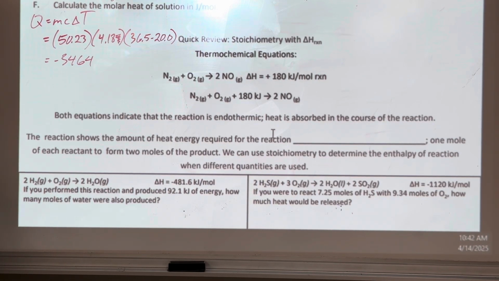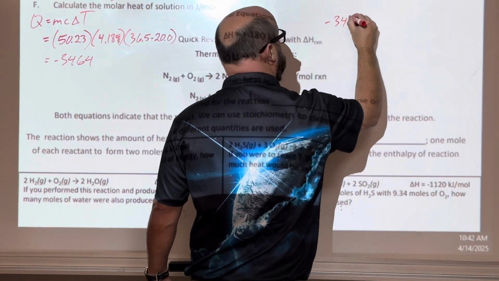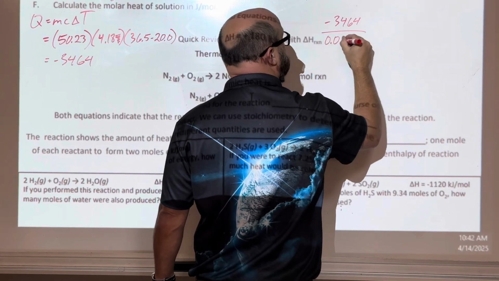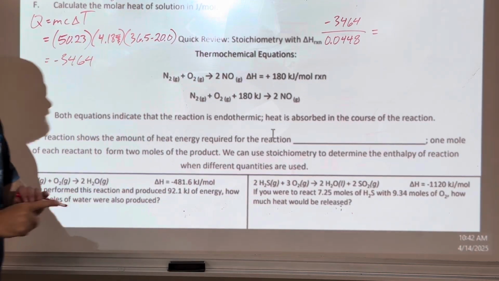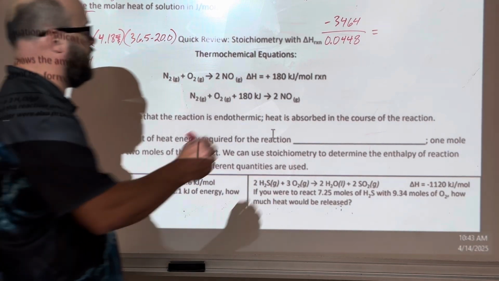We just plug in negative 3464 divided by our moles, 0.0448. You get a really large number, negative 77,321.